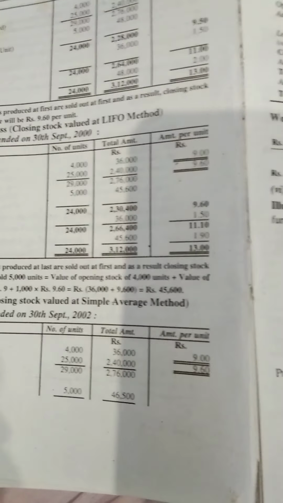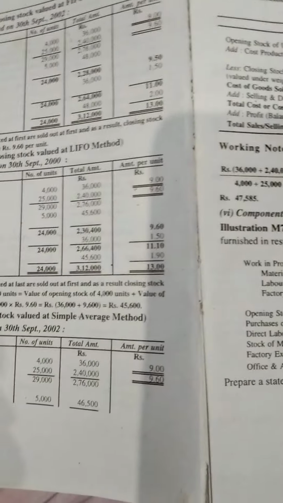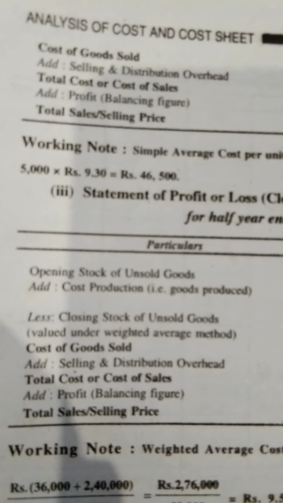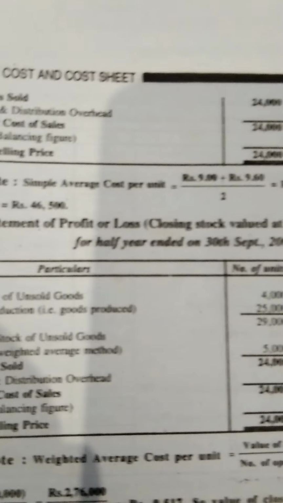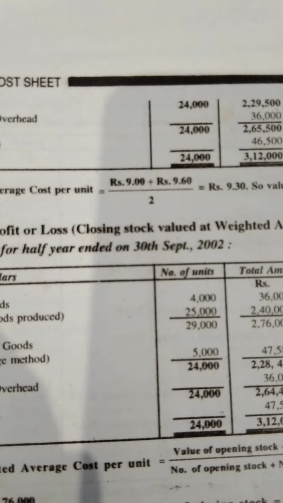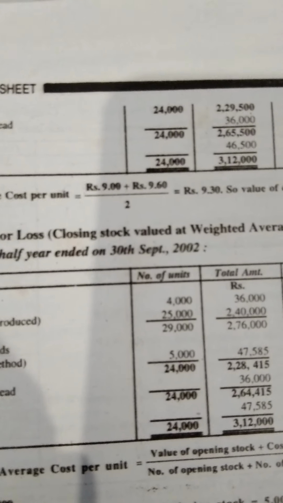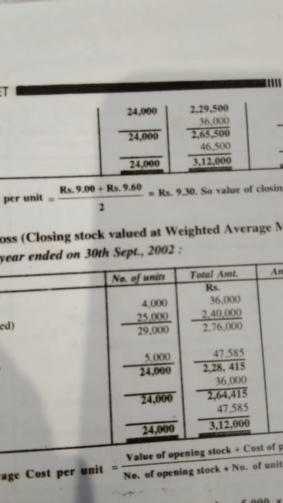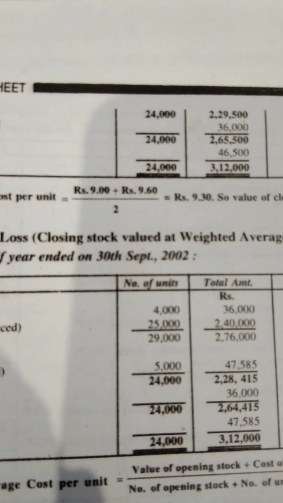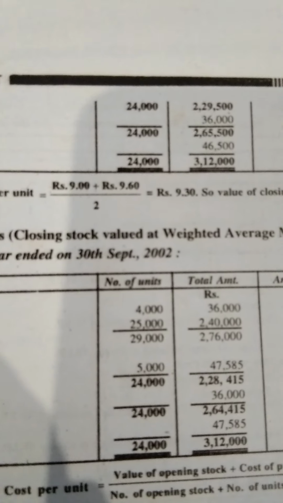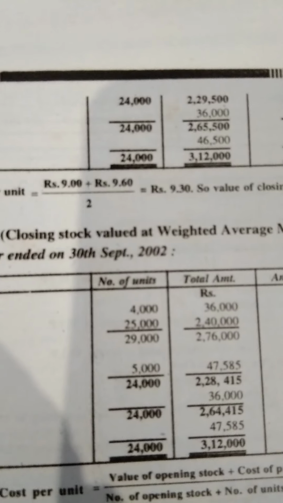Hope you have understood. Now we move on to the valuation of closing stock under the average stock method. Average stock method is also very easy. Now look at the calculation. Just write, in the LIFO method, what are the different cost per unit we have got. One is 9, another is 9.60. Why is it 9?